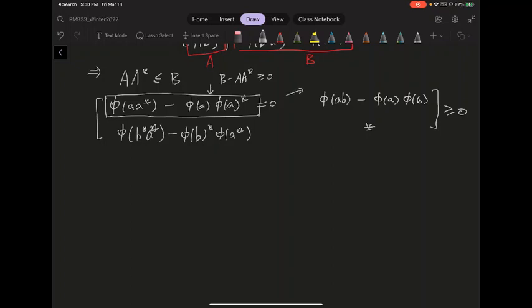So that just implies that these two have to be 0. In particular, I have phi(AB) has to be equal to phi(A) phi(B). So this proves the one side. And you can just switch the A with A star and you can prove the other side as well. So this basically finishes the proof of this multiplicative domain argument.